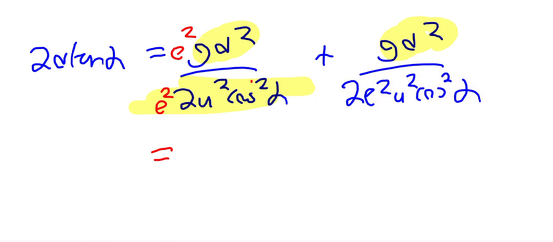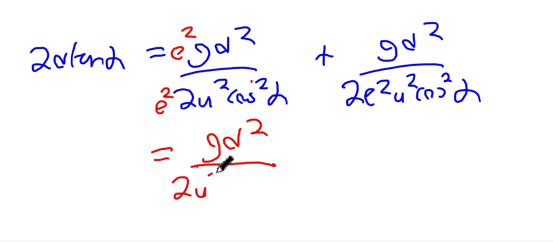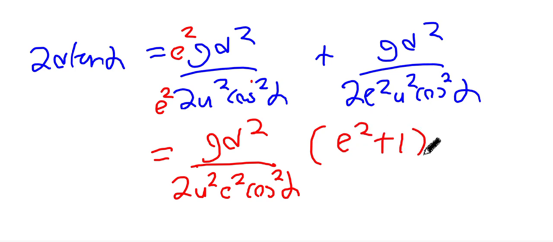So what I'm going to factorize out is gd squared over 2u squared e squared. What else did I say? Cos squared alpha into e squared plus 1.